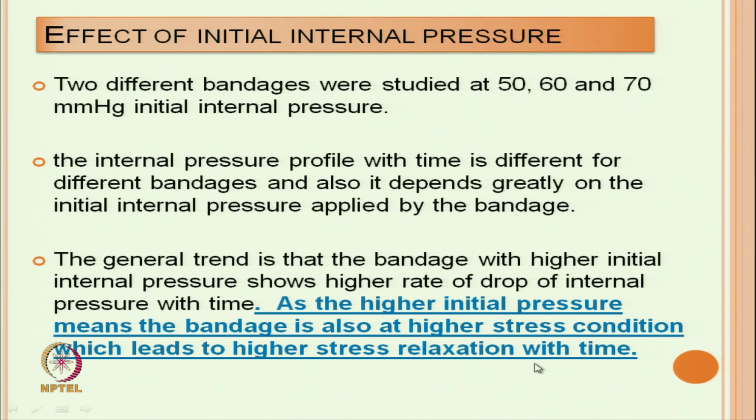So, to maintain the internal pressure at a certain level, we should not go for higher initial internal pressure. Moderate internal pressure is required, so that we can maintain the pressure.